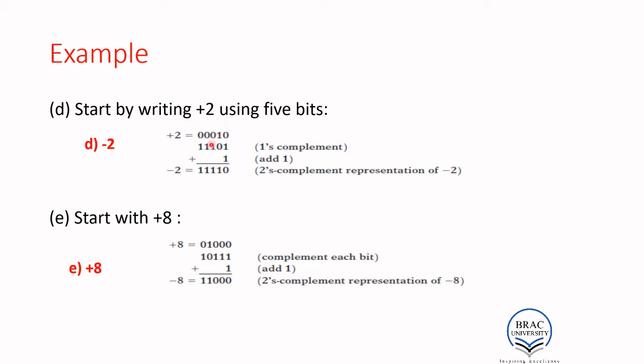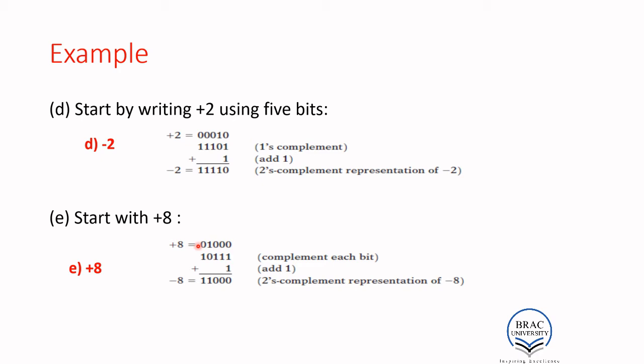Take the ones complement, so take the complement of each bit. 0 becomes 1, 0 becomes 1, 0 becomes 1, 1 becomes 0, 0 becomes 1. Then add 1 to the least significant bit, and it becomes this one. So this is the 2's complement representation of minus 2.